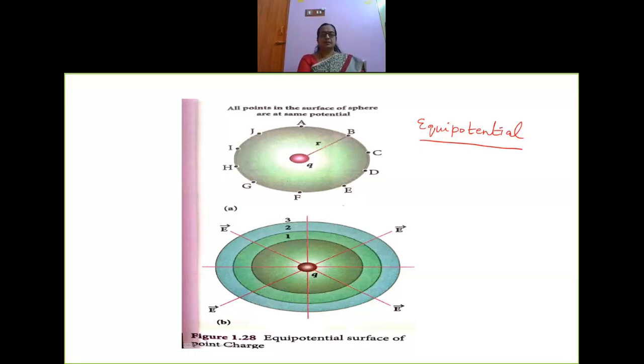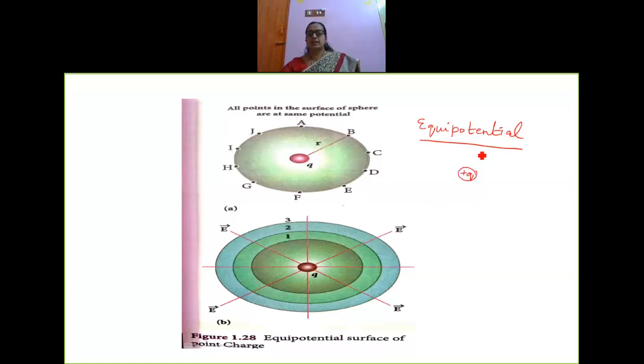sphere, where in the center of the sphere there is a positive charge. Now a positive charge is kept, and when I start drawing the electric field lines for this charge, suppose let me repeat the same diagram here, plus Q charge.